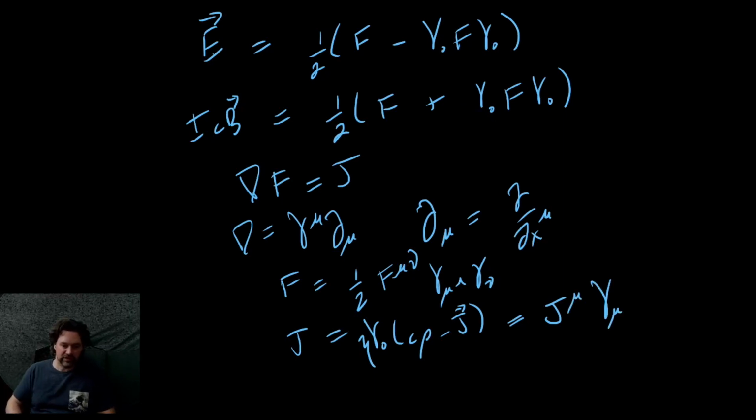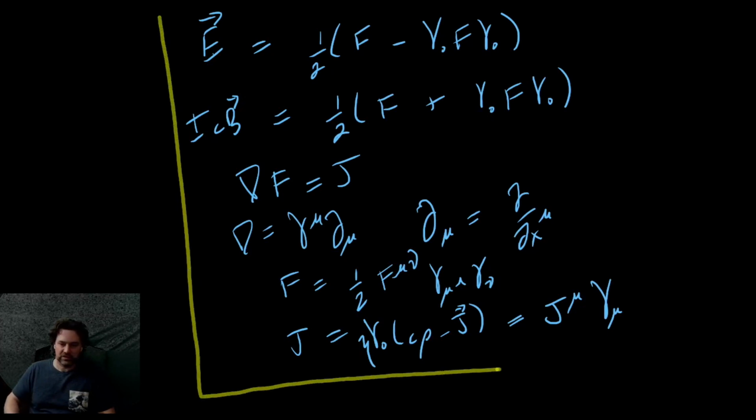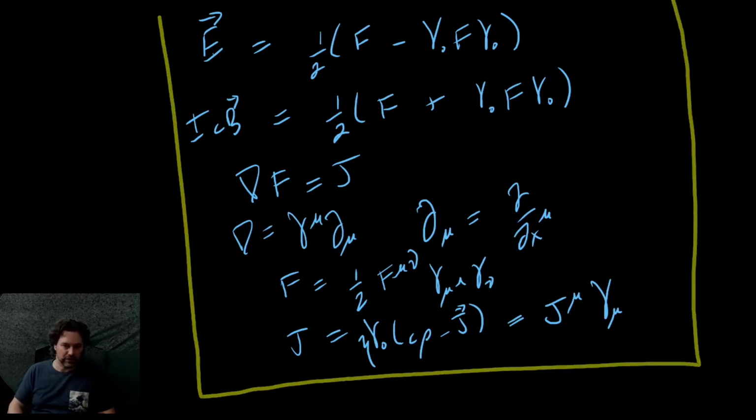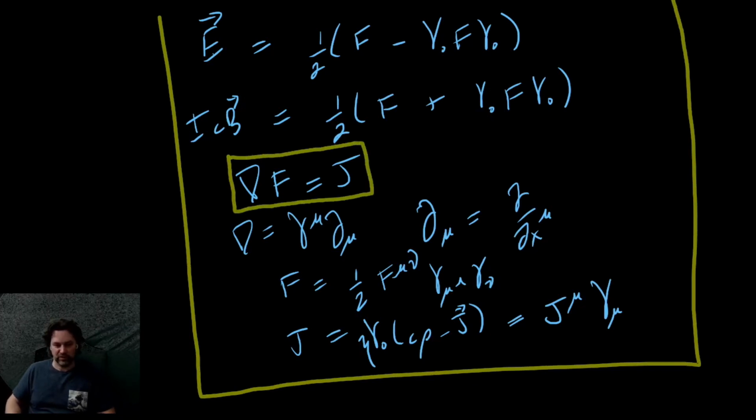That is a summary. Here is the space-time algebra form of Maxwell's equations in their full glory, which has this deceptively compact representation. But when we want to unpack what that is, this is what we mean.